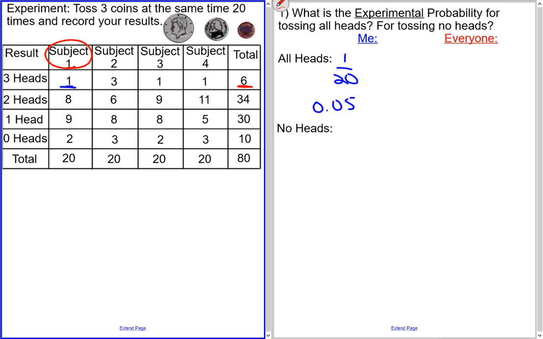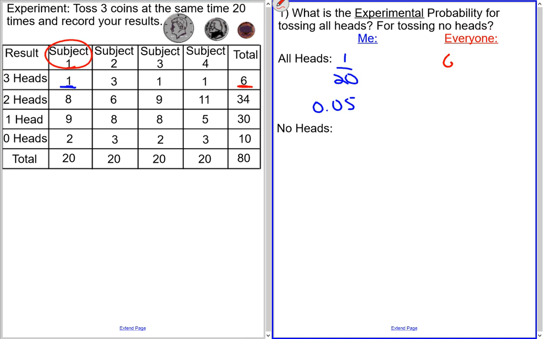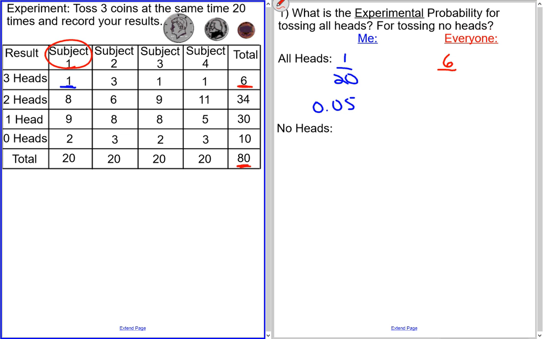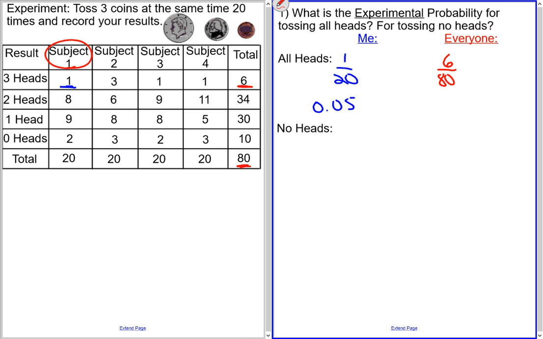So when we put all of us together, we're going to end up with 6 over... Now the grand total for all of us is 80. So 6 over 80, that fraction simplified comes out to be 3/40ths, which as a decimal turns out to be 0.075. So when we put all of our results together, the probability was better for getting all 3 heads.